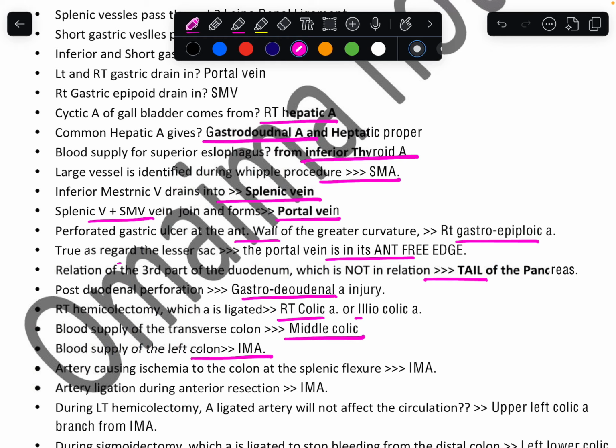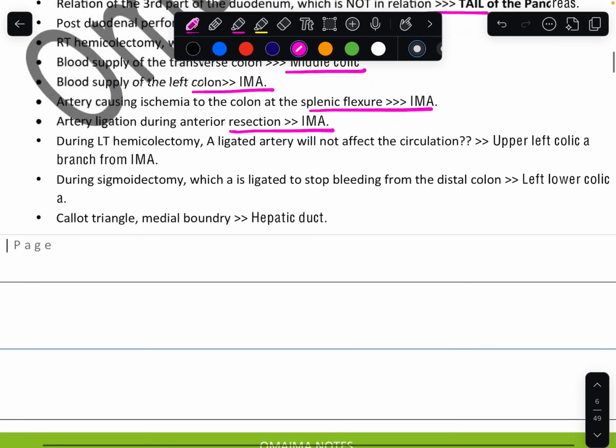Blood supply of left colon is inferior mesenteric artery. Ischemia to the colon at the splenic flexure, inferior mesenteric artery ligation of anterior resection. During left hemicolectomy, ligated not affecting circulation, upper left colic artery, artery of Drummond. During sigmoidectomy, ligated to stop bleeding from distal colon is left colic artery.